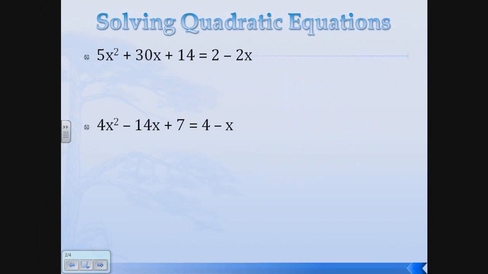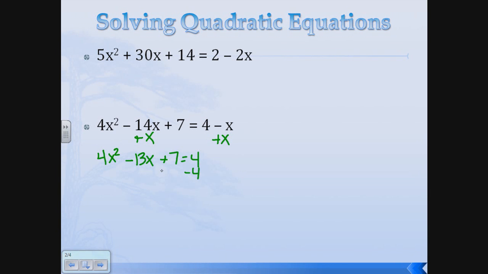Here's another one. Same thing. We want to get this problem equal to 0, so we're going to start by adding x, so that we get 4x squared minus 13x plus 7 equals 4.